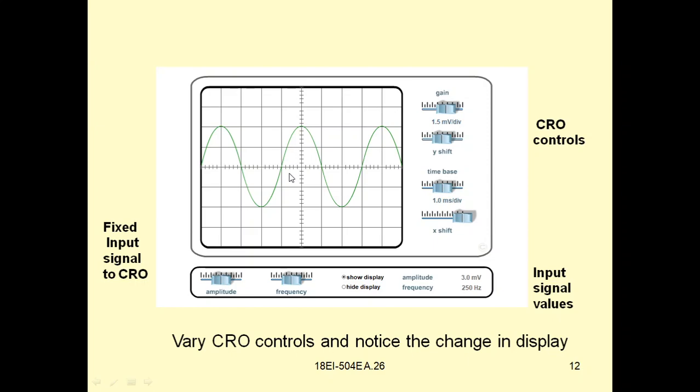Here for one cycle, 1, 2, 3, 4 divisions, it is taking 4 divisions, and each division corresponds to 1 millisecond per division. So 4 divisions means 4 milliseconds, or 1 by 4 milliseconds is 250 Hz frequency. So that is justified.